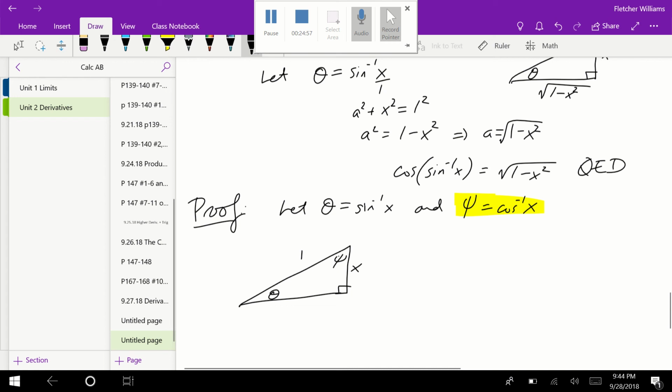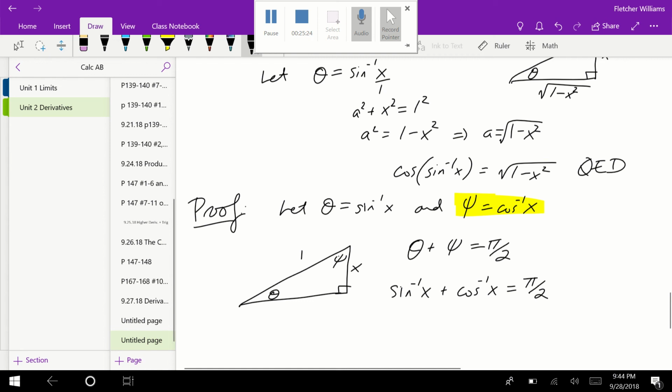Well, since all the angles add up to 180, and you already have a 90-degree angle in there, therefore, we know that theta plus psi equals pi over 2. And that means, based on our definitions, that inverse sine x plus inverse cosine x is always equal to pi over 2. So this is where it gets kind of cool.